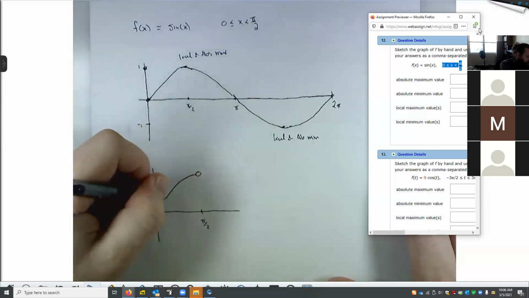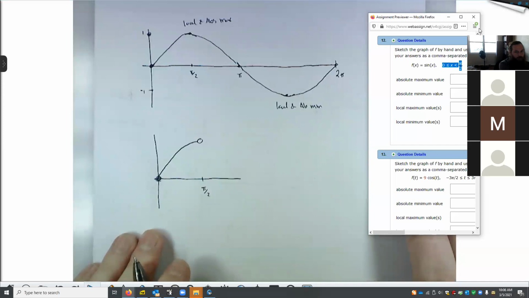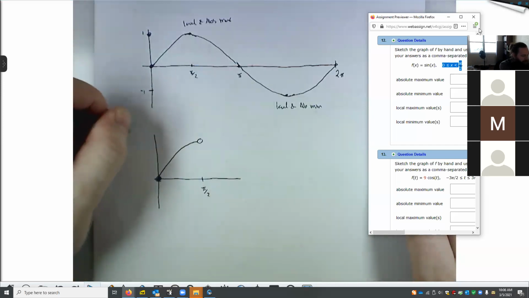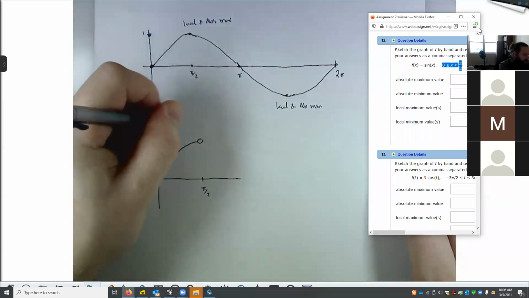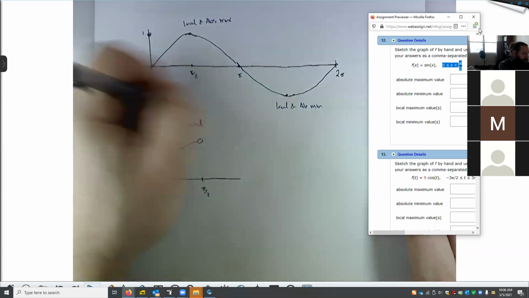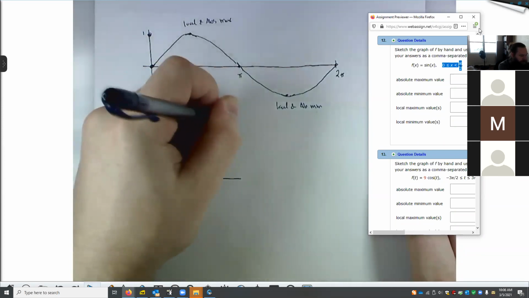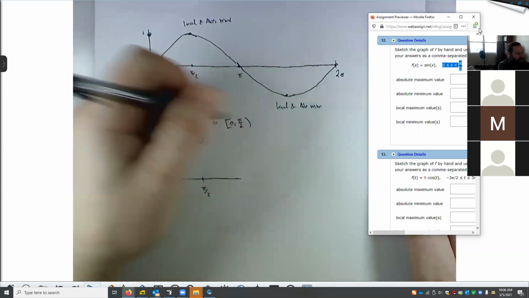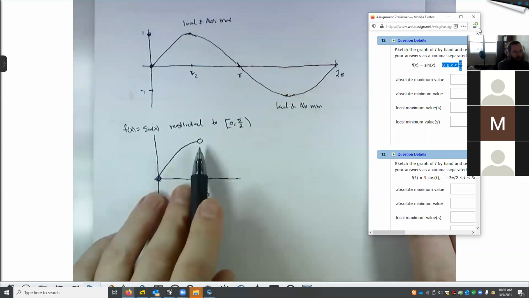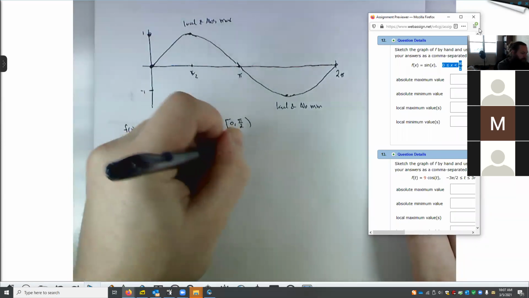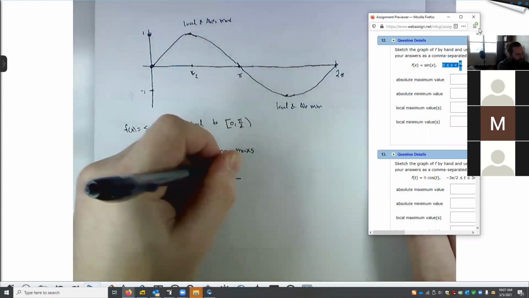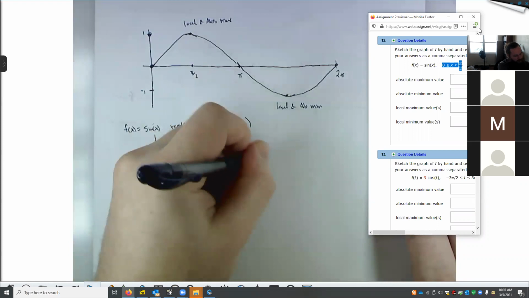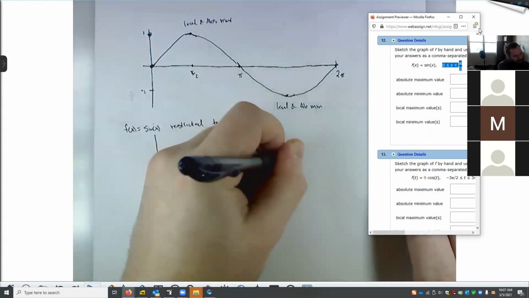So here is what that function looks like when I restrict it to that interval. Here I don't actually hit the local max. I don't attain any max, so there's no maxes. And the absolute min is 0, attained at x equals 0.